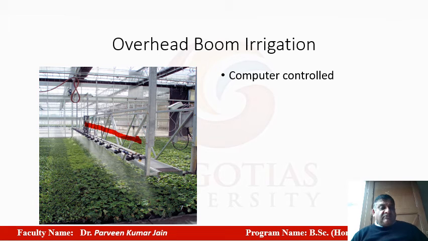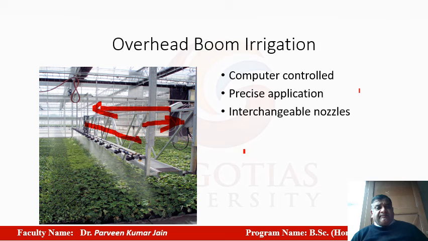The boom moves in this direction, keeps on irrigating the crops, then moves back, and this way it can run across the whole polyhouse, irrigating all the plants width-wise. These are computer controlled.